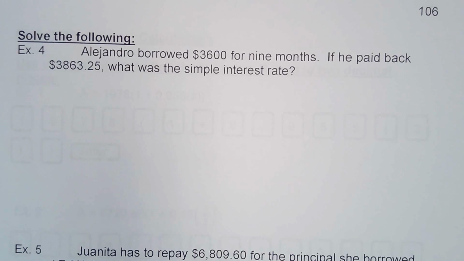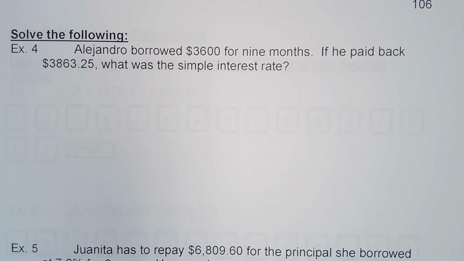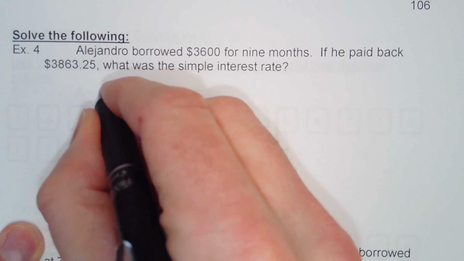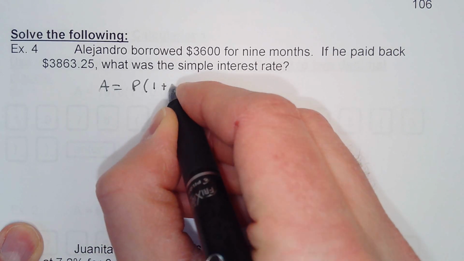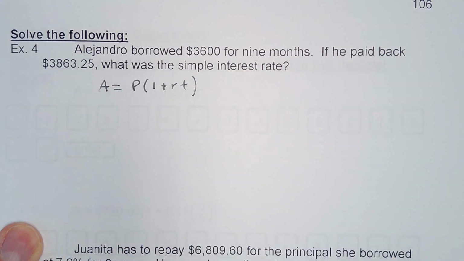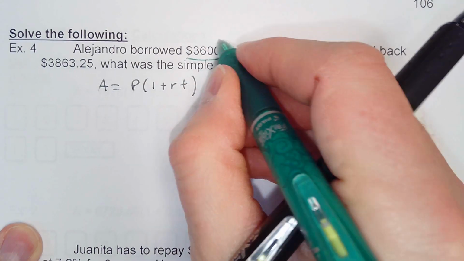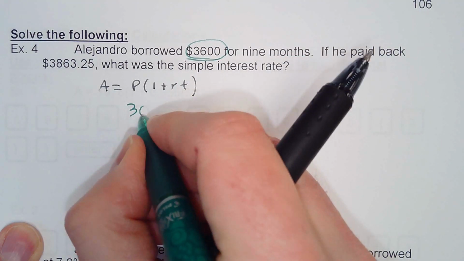Let's try number 4. Alejandro borrowed $3,600 for 9 months. He paid back $3,863.25. What was the simple interest rate? So again, we're going to write down our formula. And let's plug in what we have. Okay, our principal is $3,600.